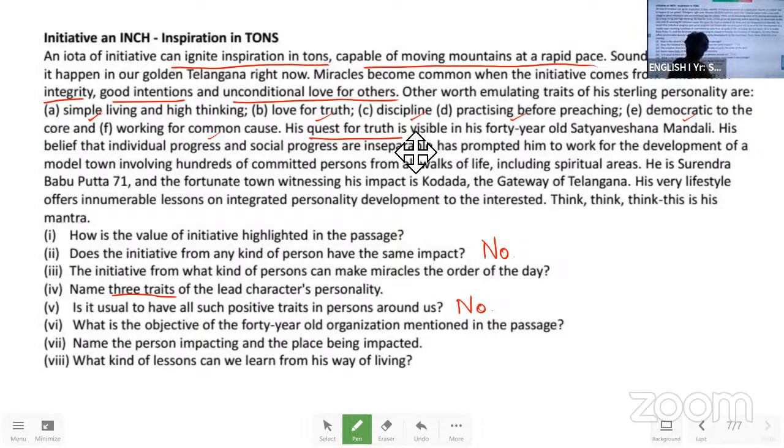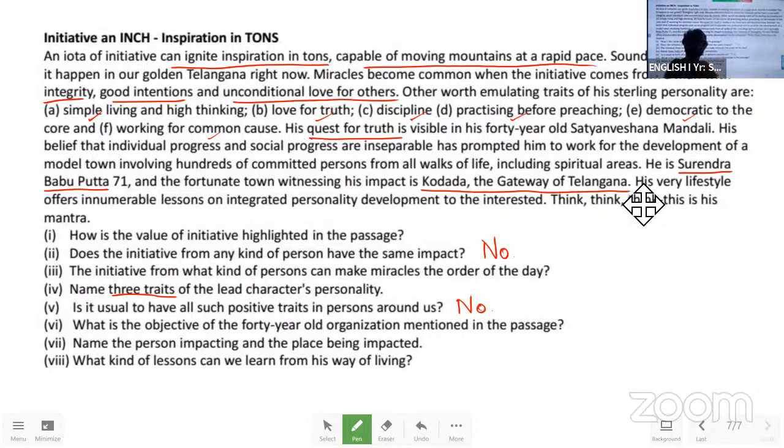Name the person impacting and the place being impacted. The person is Surender Babu Putta, who is 71 years. You needn't mention that. And the place is Kodada, the gateway of Telangana. You can write it in your own words. He is Surender Babu Putta, and the impact is found in Kodada, the gateway of Telangana.